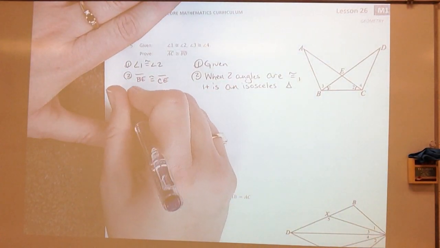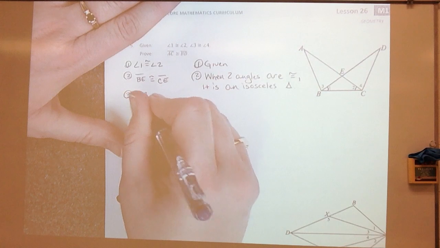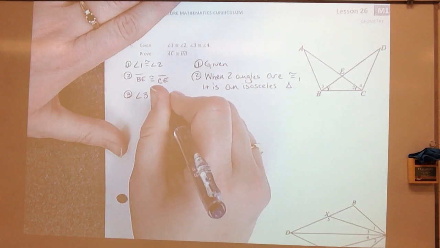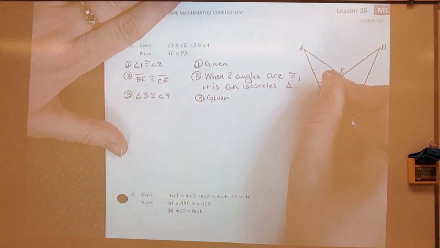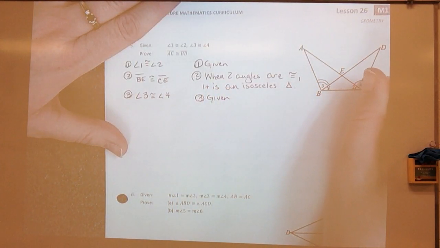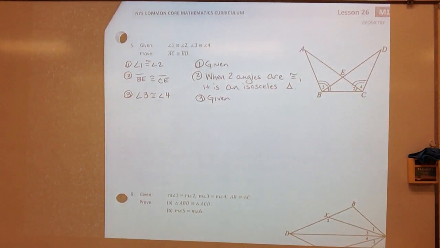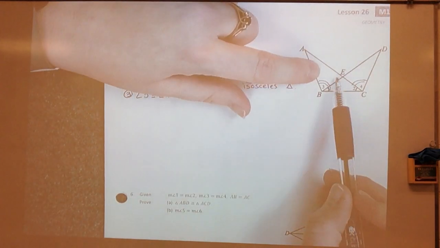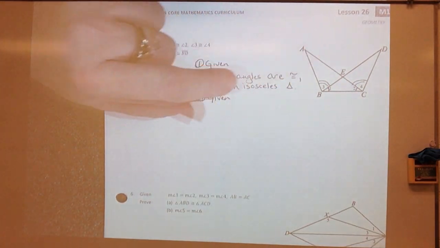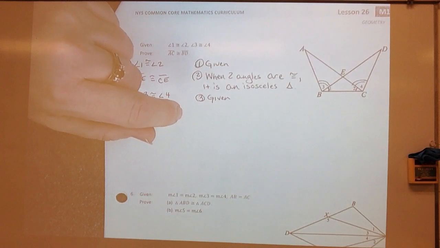There's not much more I can do there, so let's look at our second piece of given information. Angle 3 is equal to angle 4. That is given. We'll go ahead and mark that. Now, I do have a vertical angle here, AEB and DEC.